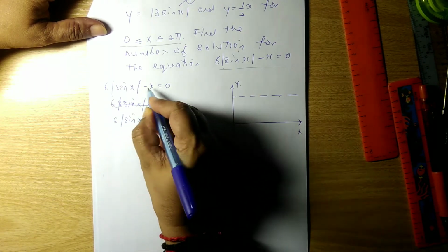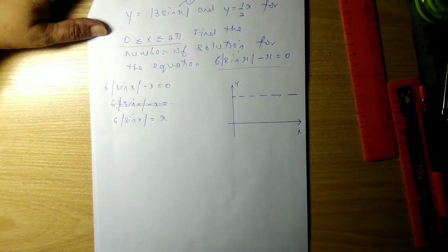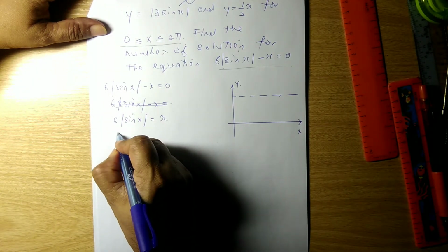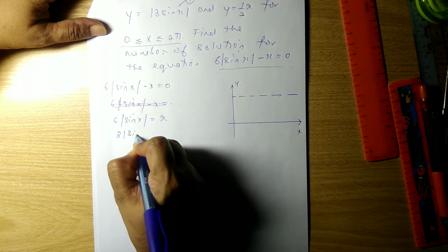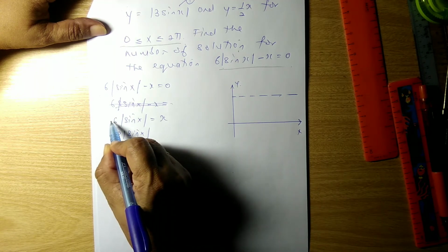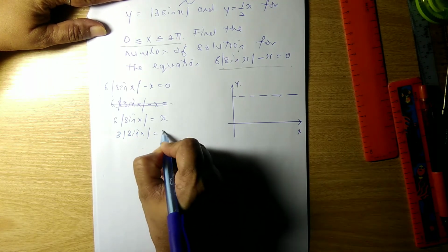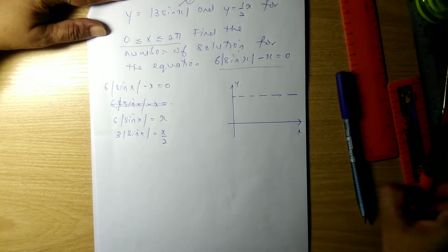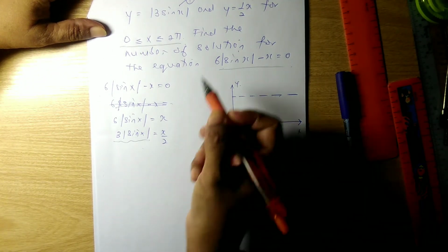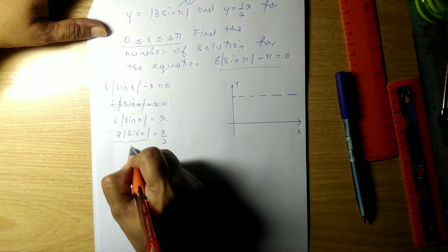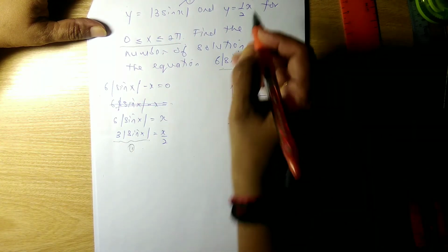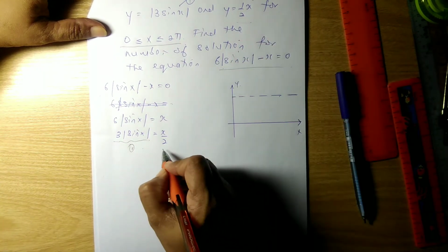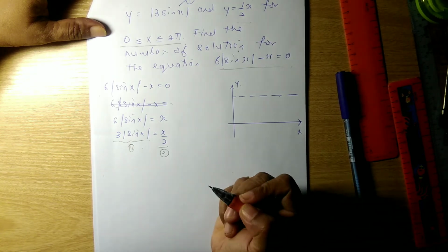I bring this over here. If I leave a 3 here with sine x, it's actually 3 times 2, so this comes down as x over 2. So this one here is my first equation, and this is my second equation.